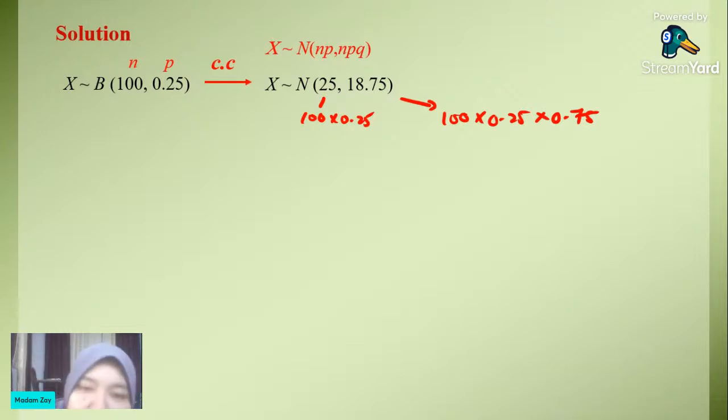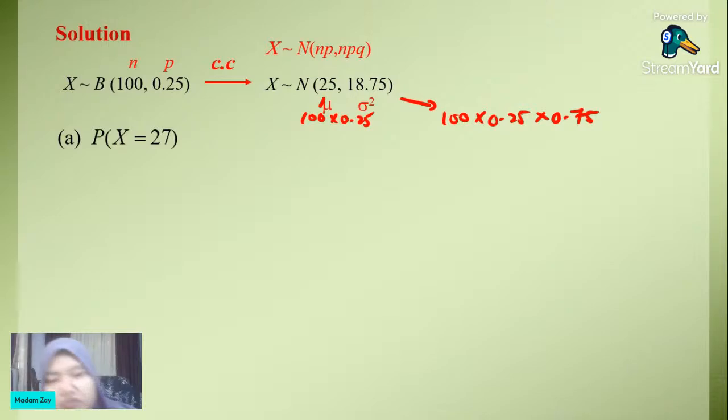Now to find the probability, we need to do the first step. For probability of x equal to 27, for discrete it is okay, we can use the formula, but because we have done the approximation, we need to use the normal. Because this is more than 50, we have to use the normal distribution.